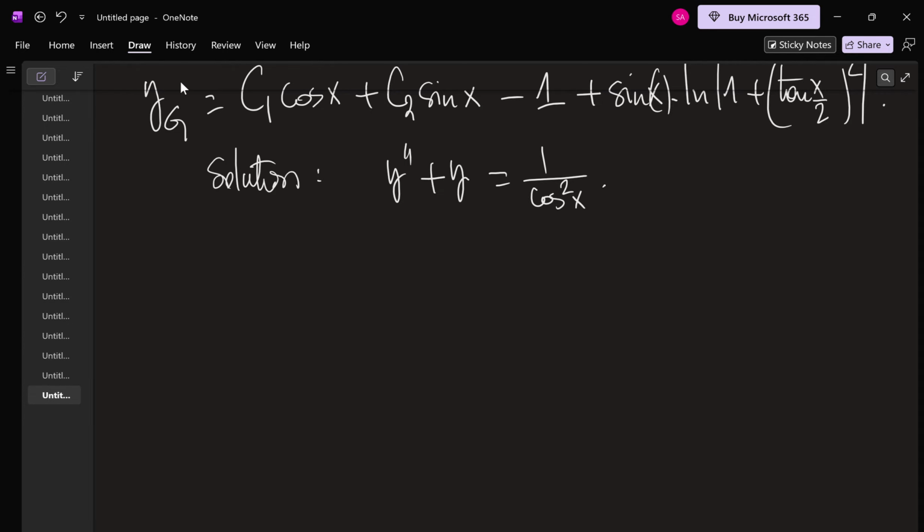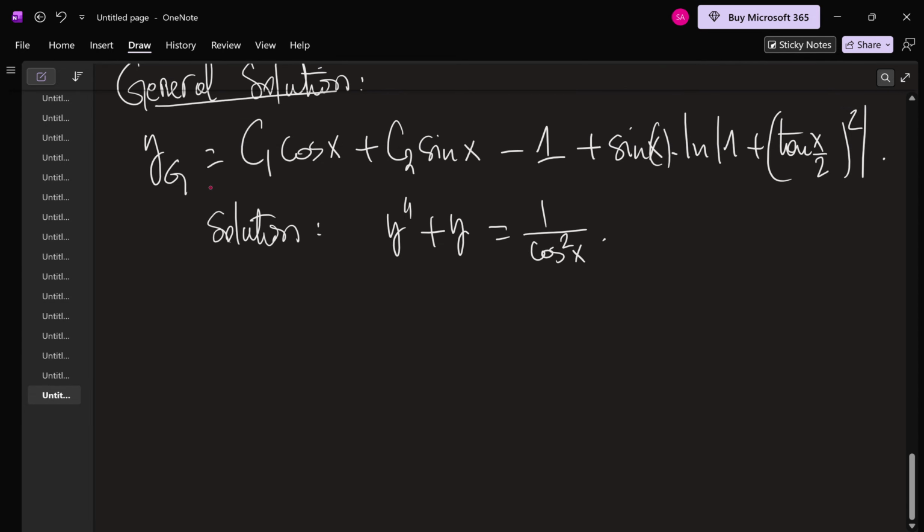So the general solution, let's look here. This part here is the homogeneous solution, okay? And this part here is the particular solution. This part, when you substitute it, will always give you 0. So this plus this is always equal to 0, for any choice of C1 and C2.